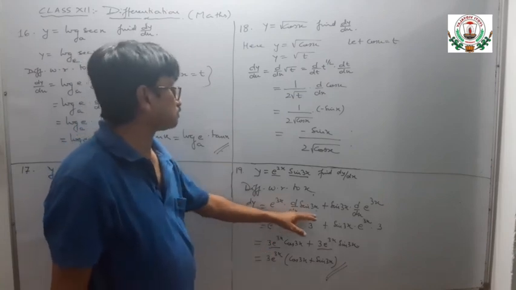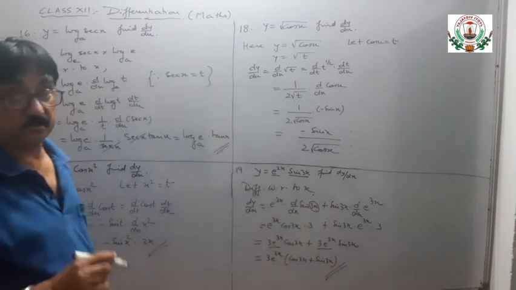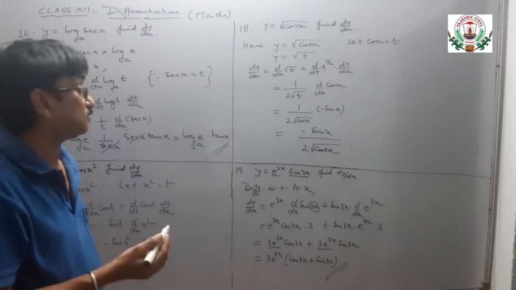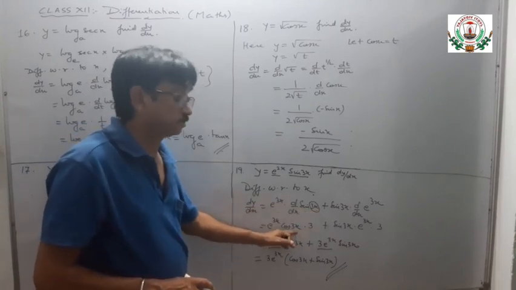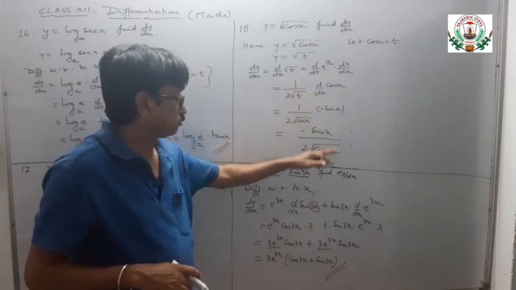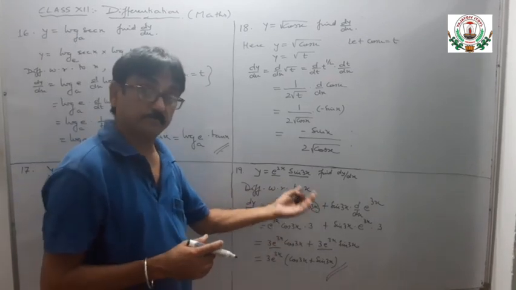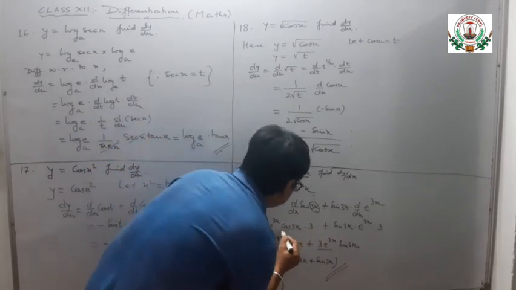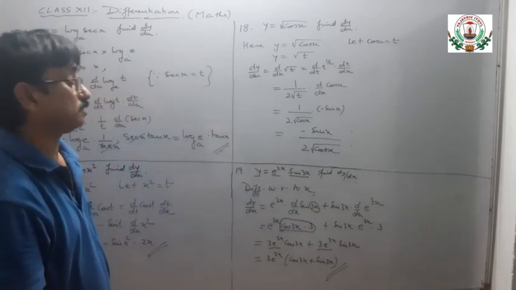For the differentiation of sin 3x, we take 3x as t. So d by dx of sin t is converted to d by dt of sin t, which is cos t, but t was 3x, so it becomes cos 3x. Now we also have to do dt by dx. So d by dx of 3x: 3 is taken out, d by dx of x is 1, 3 into 1 is 3. So cos 3x into 3 is the differentiation of d by dx of sin 3x.